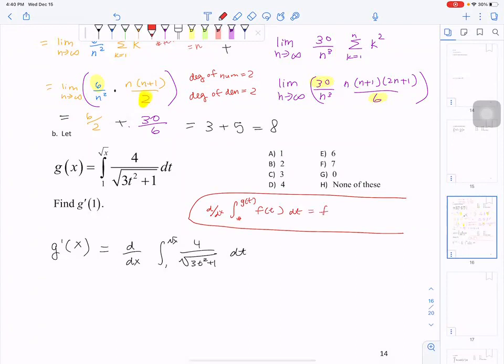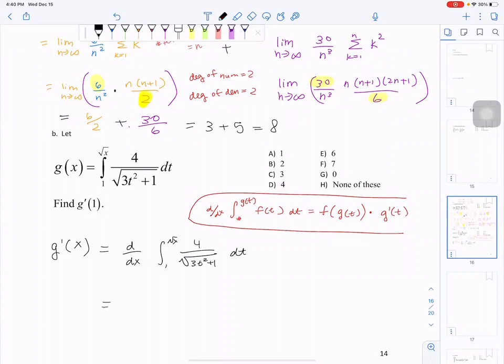Then you plug in whatever upper bound this is into your function. So we plug in g of x. But if this g of x is not something as simple as a single variable, you have to multiply by the derivative of that bound, similar to a chain rule.